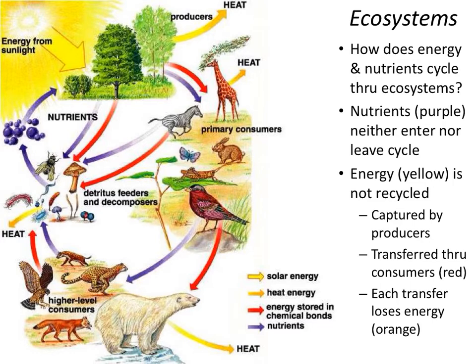Now, finally, we look at ecosystems. How do energy and nutrients cycle through ecosystems? So with ecosystems, we look at energy and nutrients and how they cycle. So let's start with the energy, which is the sunlight.